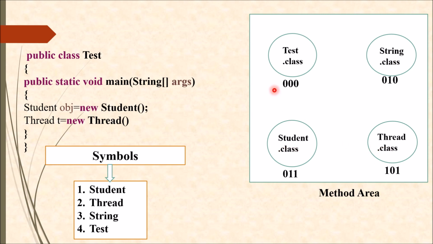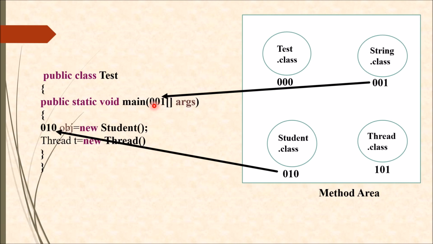Just consider that test.class is located at memory location 000, string.class is located at memory location 010, student.class is located at memory location 011, and thread.class is located at memory location 101. Now what happens inside the resolution phase? All these symbols which represent the classes are replaced with the actual memory references, that is, the actual memory addresses. The String symbol which represents the class String is replaced with its actual memory reference.